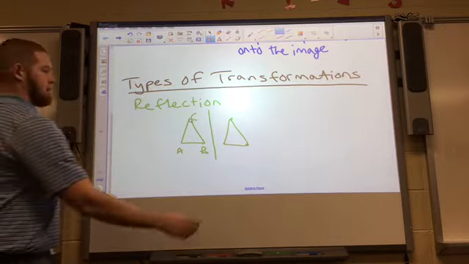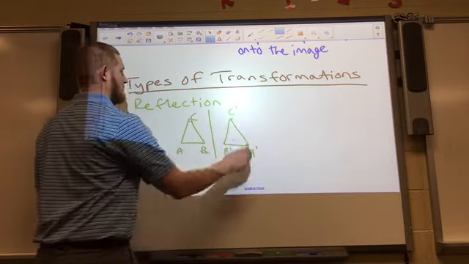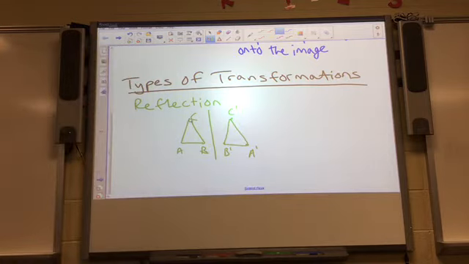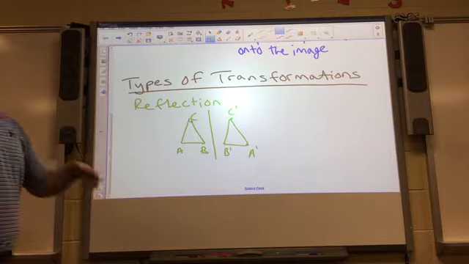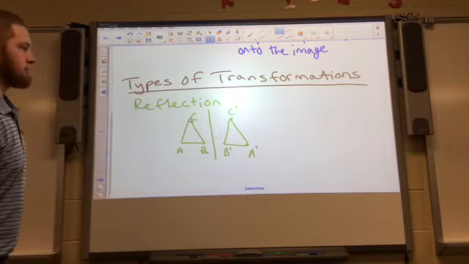Now A would be over here, and that's actually going to be A prime. We'll get to that later. It's going to look something like that. You're just flipping it over, just like when you look in a mirror. If you look in a mirror and you touch your left ear, in the mirror it looks like you're touching your right ear, right? It's backwards. It's a reflection.